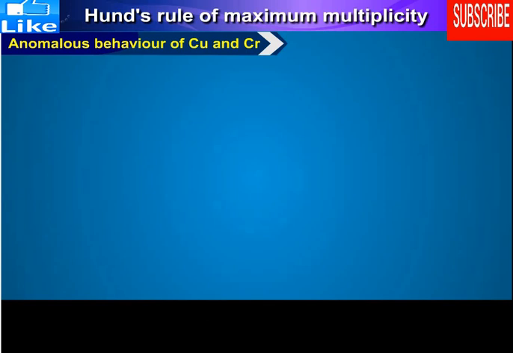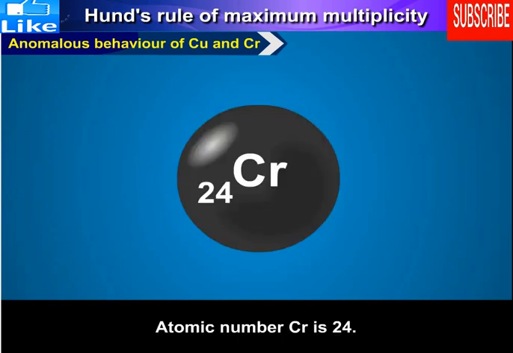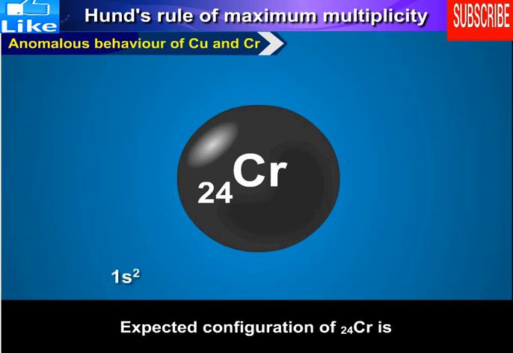Anomalous behavior of copper and chromium. Atomic number of chromium is 24. Expected configuration of chromium is 1s2, 2s2, 2p6, 3s2, 3p6, 4s2, 3d4.